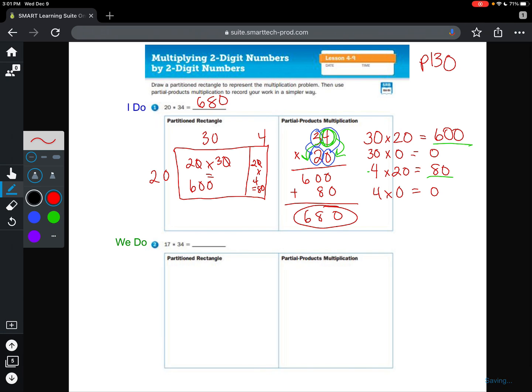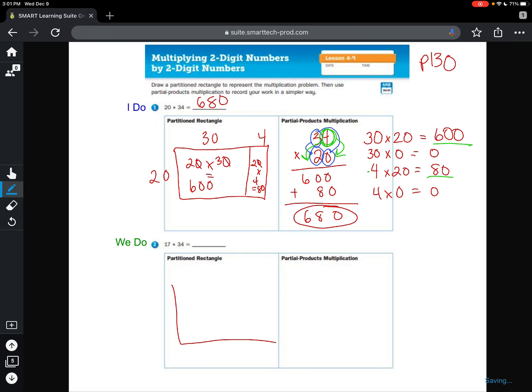Alright, so you should be able to, on your own right now, draw the partitioned rectangle. This time, we're going to split up both numbers. I'm going to split 17 up into 10 and 7.